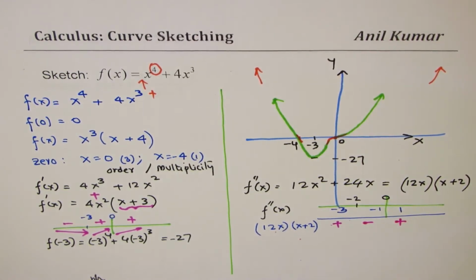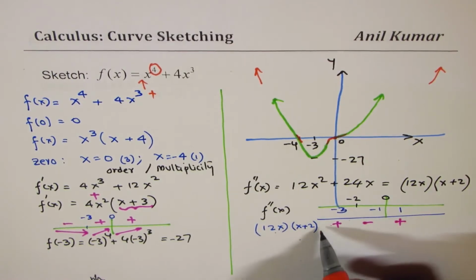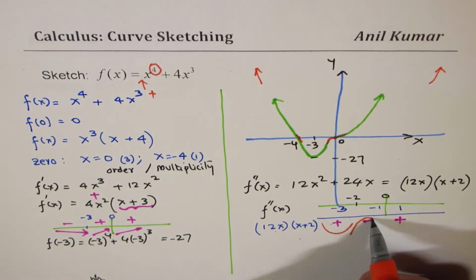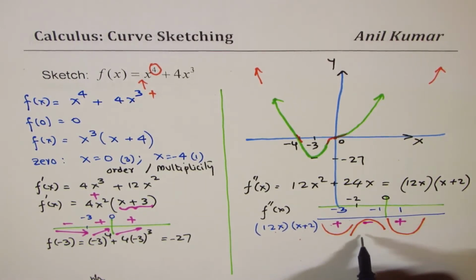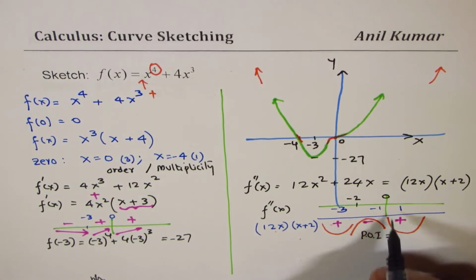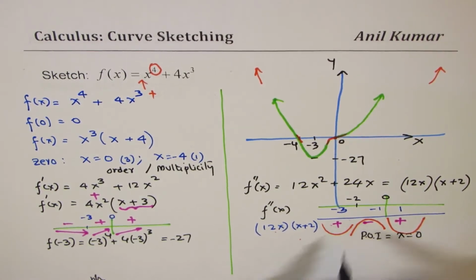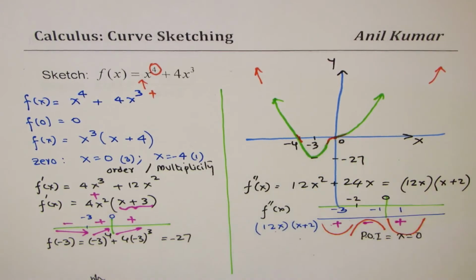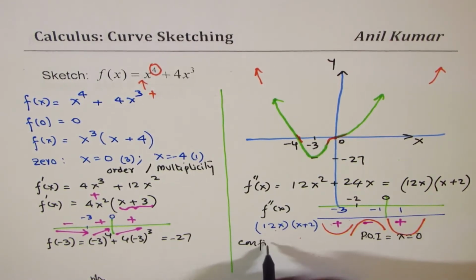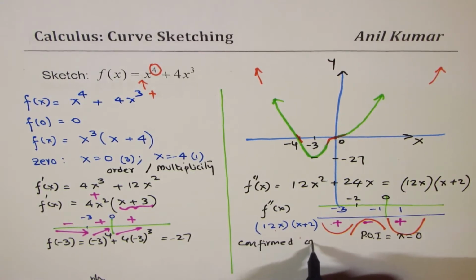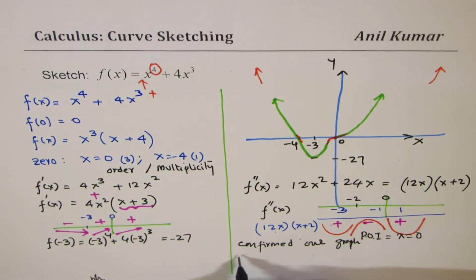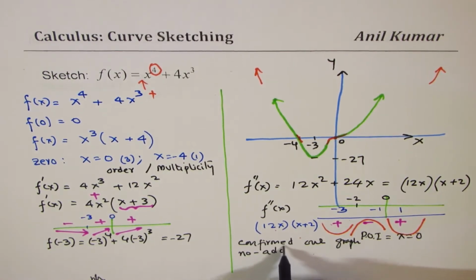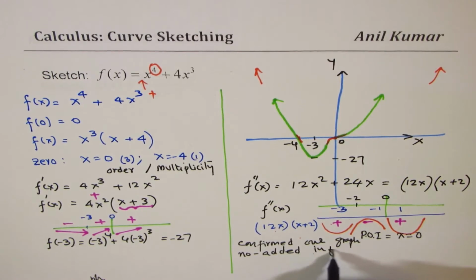So that means the concavity is concave up, concave down and concave up. As expected, we have a point of inflection at x equals 0 and the concavity intervals are as shown in the graph. So what we did was we confirmed our graph, right? But no added information. Do you see that? No added information.